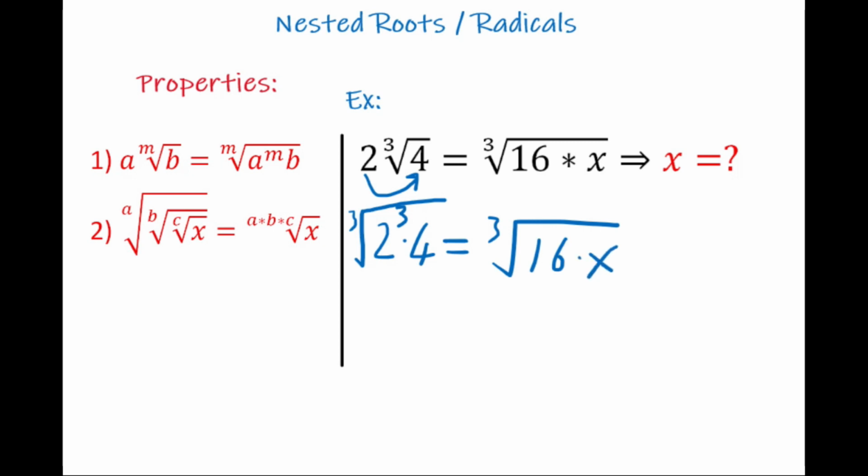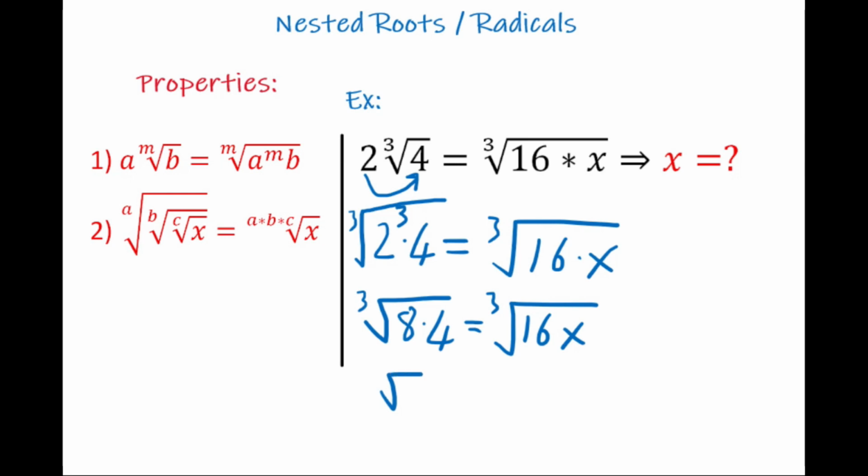So on the left, we have 2 cubed, which is 2 times 2 times 2, which is 8. So 8 times 4, the third root, which is equal to third root of 16x. On the left, we have 32. Third root of 32, which is equal to 16x.